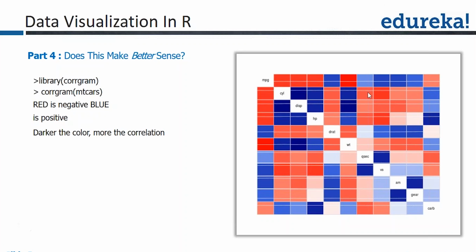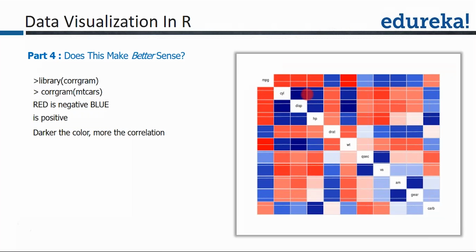What does that mean? Let me go for a spotlight. Okay, here is a spotlight. So this blue color here is showing the relationship between number of cylinders and the displacement. And by looking at this blue, it's clear that the relationship is positive, and the darker the color, the more is the correlation.